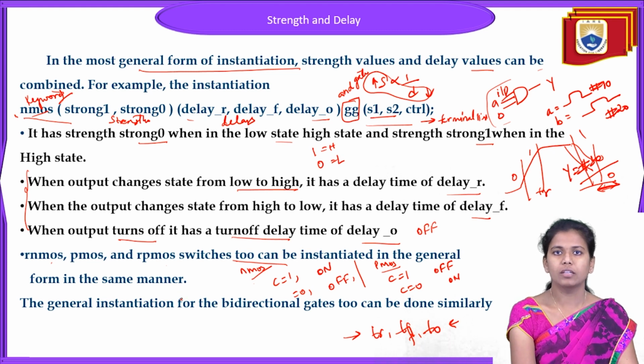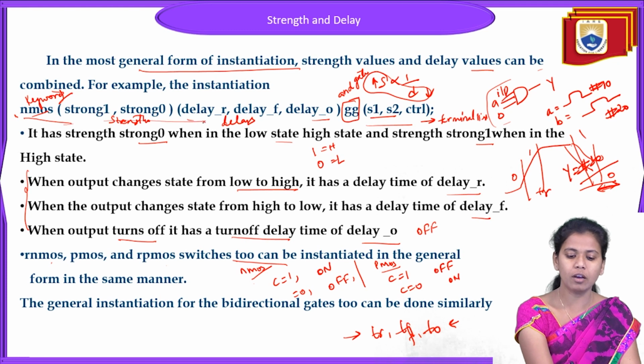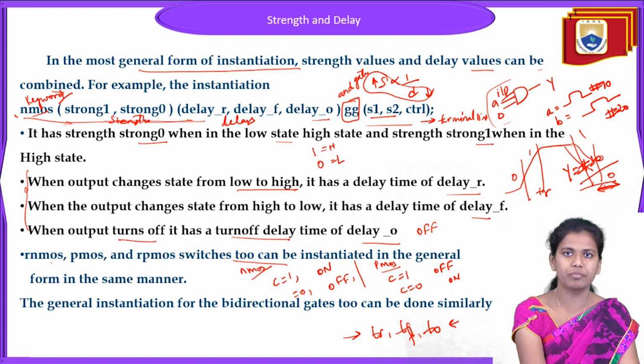For RNMOS, RCMOS or RPMOS, the instantiation is the same replica of the particular instantiation. There is not much difference you will find.